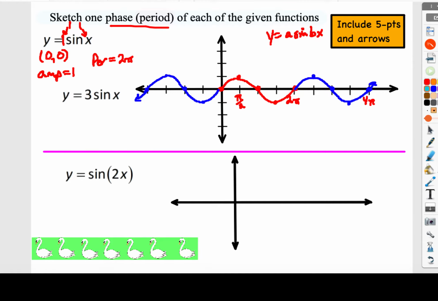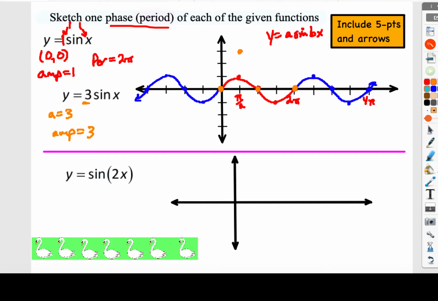Now, let's take a look at a couple of different changes. If we're multiplying in front by a 3, that means our a value is 3, or basically it changes our amplitude to the absolute value of 3. What's going to happen is we're going to stretch our heights. That's a vertical stretch by 3. So instead of 1, we're going to max out at 3 up here. But we're still going to start at (0, 0), because multiplying by 3 doesn't change the number 0 or the points on the x-axis.